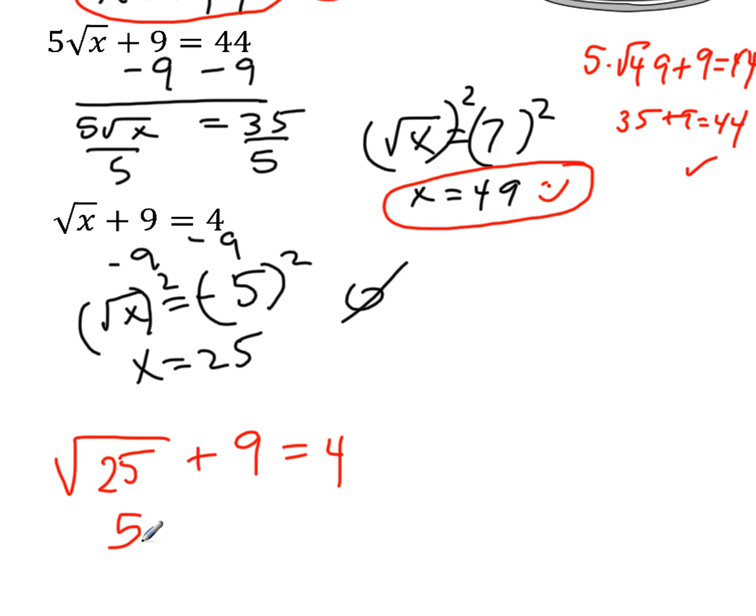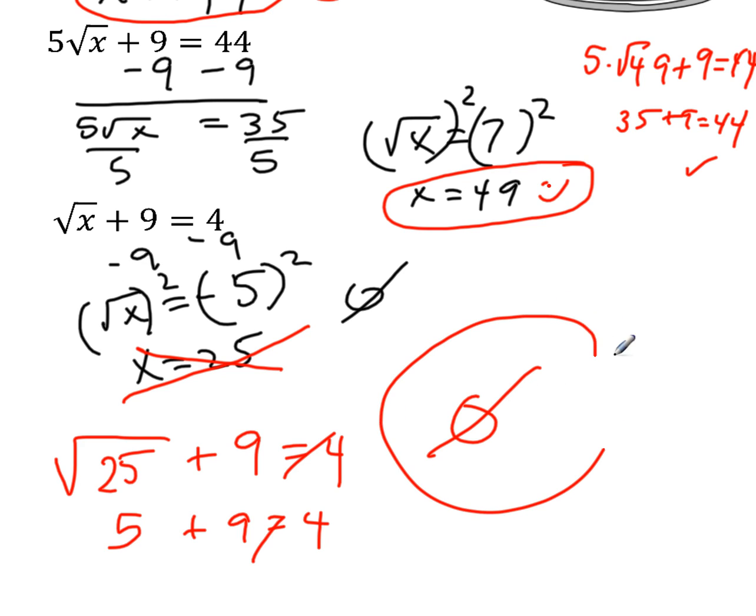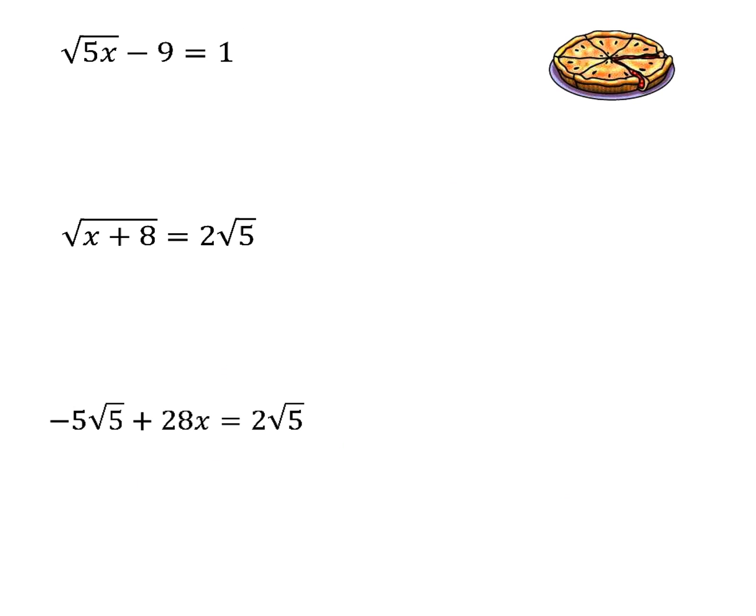You're not going to think about it as negative 5. Plus 9 equals 4, and that is not true. So right here in the check step, you say, oh, my answer isn't this. The answer is there is no solution. So either if the radical equals a negative number, it's no solution, or when you check it, it doesn't make sense, there's no solution. Okay, tricky.